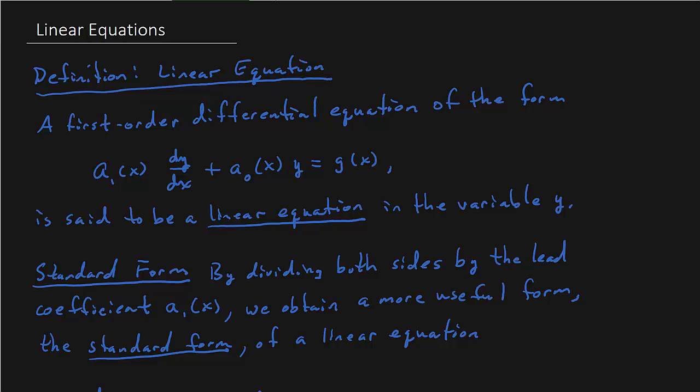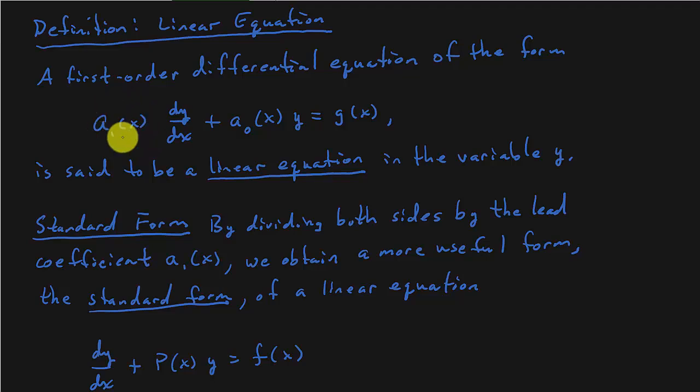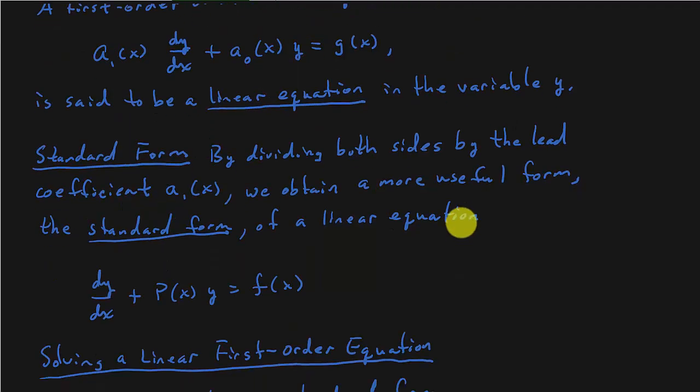It says a first order differential equation of the form a1(x) dy/dx + a0(x) y = g(x) is said to be a linear equation in the variable y. Standard form: by dividing both sides by the lead coefficient a1(x), we obtain a more useful form, the standard form of a linear equation.